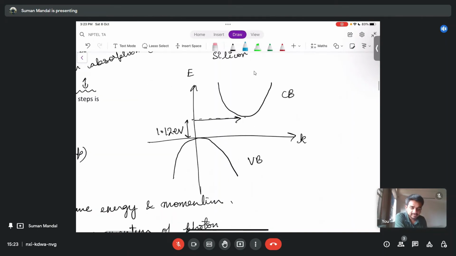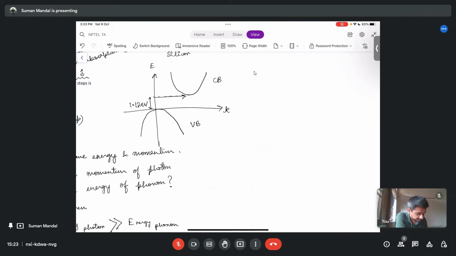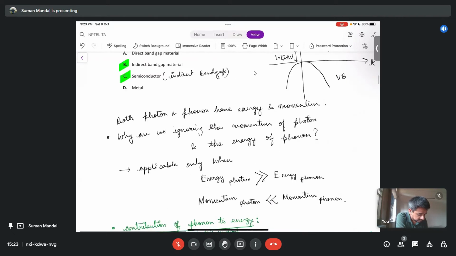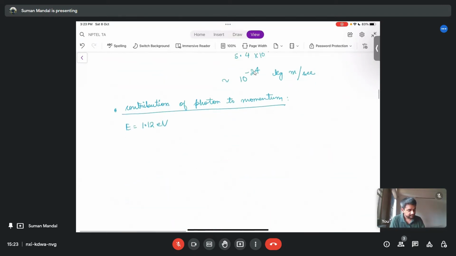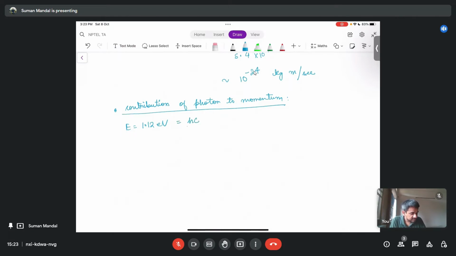It is 1.12 eV. That is the band gap. And E is equal to hc by lambda. Here c is the speed of light. So from this, we can find out the value of lambda.